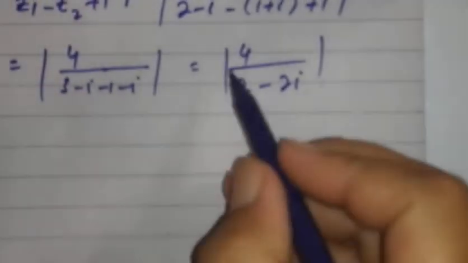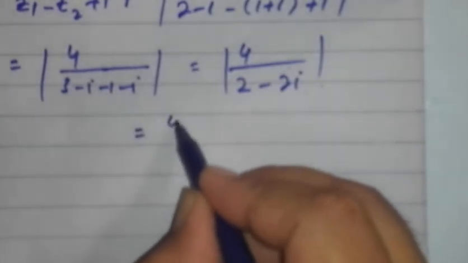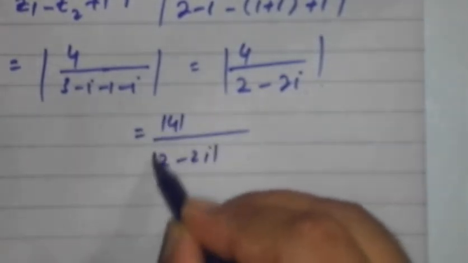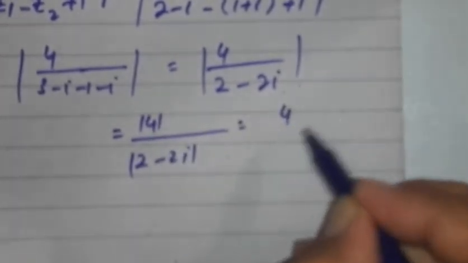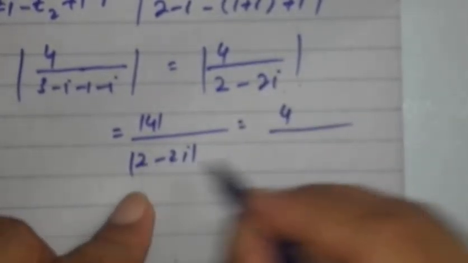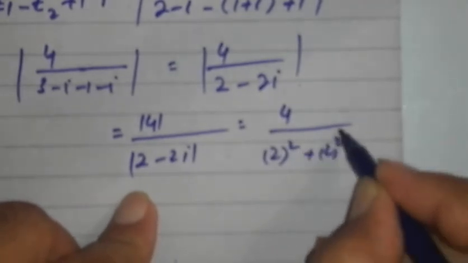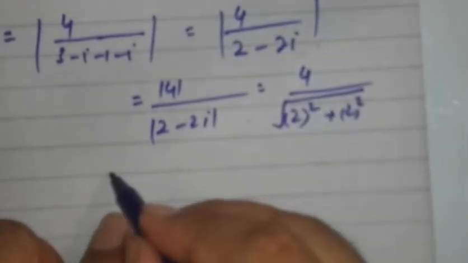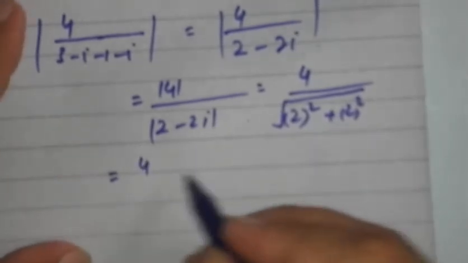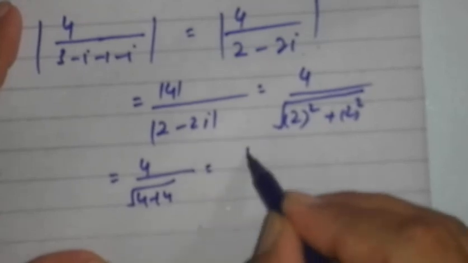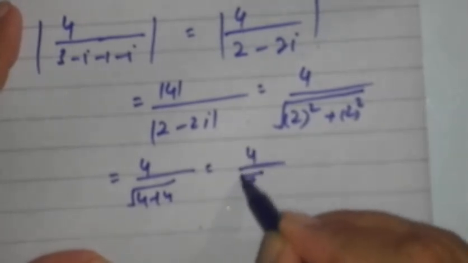We can write it as the absolute of 4 divided by the absolute of 2 minus 2 iota. The absolute value of 4 is 4, and this will be the square root of 2 square plus 2 square. Further, we can write it as 4 divided by the square root of 4 plus 4, 4 over the square root of 8.